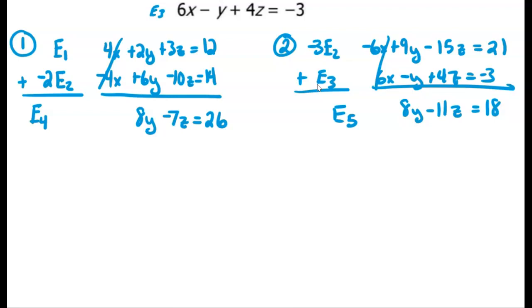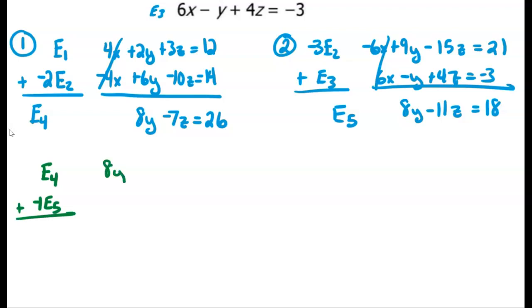So we are going to do basically what we learned back in Algebra 1 to solve for the variables. If I have 8y minus 7z and 8y minus 11z, it seems like making the y's cancel out would be the simplest thing to do. So I'm going to use equation 4, and I'm going to take negative 1 times equation 5.